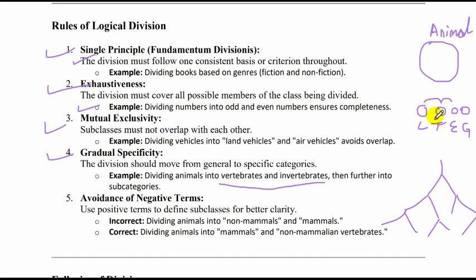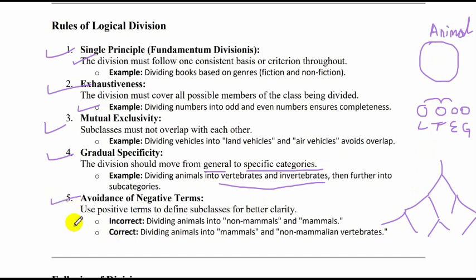All members should be covered and they should be categorized into their specific categories. And the division should move from general to specific categories.